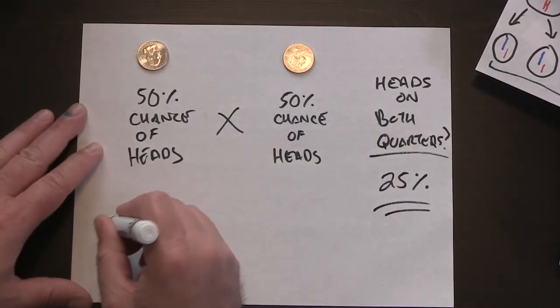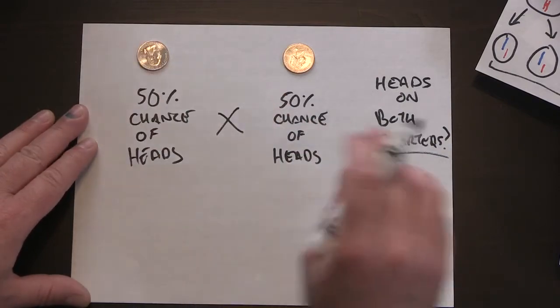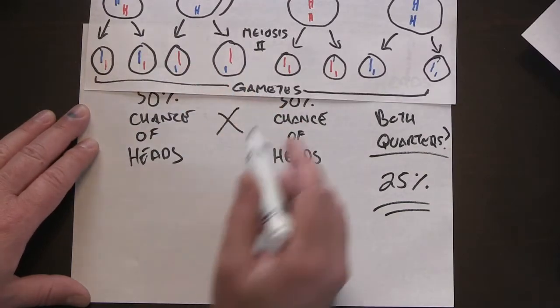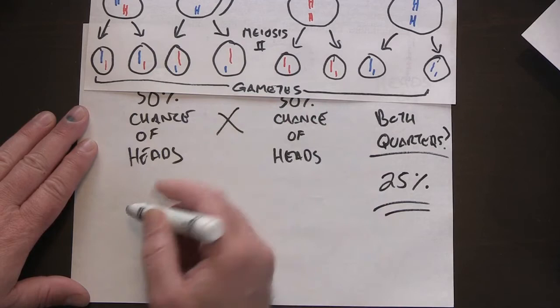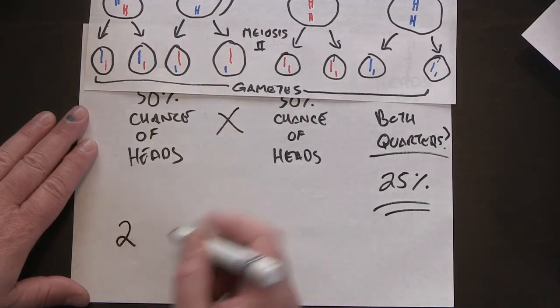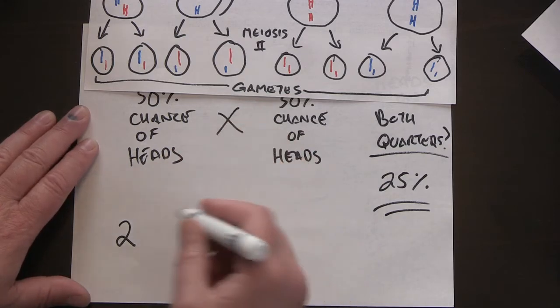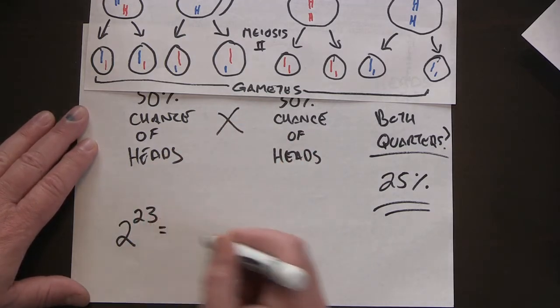The way this works is you count the number of possibilities. For each chromosome you've only got two options, so you do 2 times the number of coin flips. We've got 23 chromosomes, so we do 2 to the 23rd power.